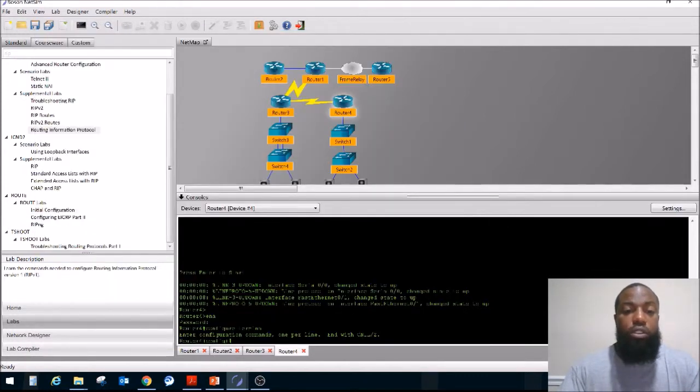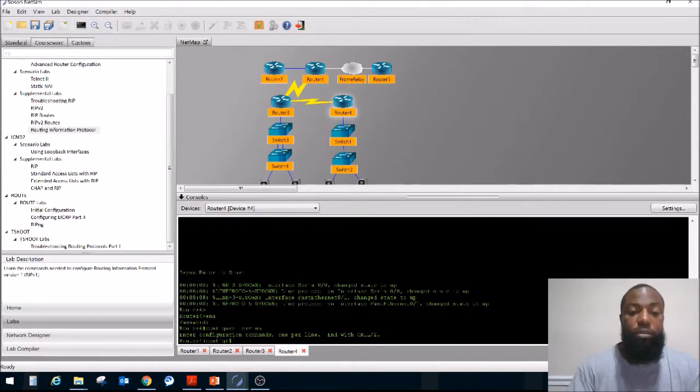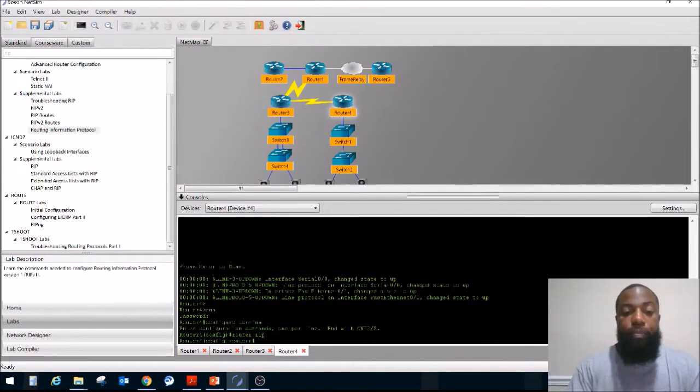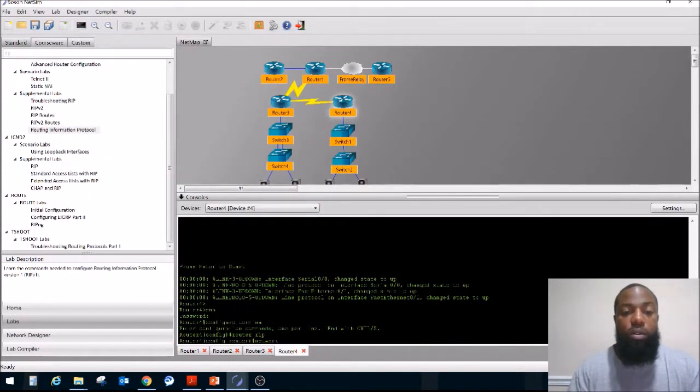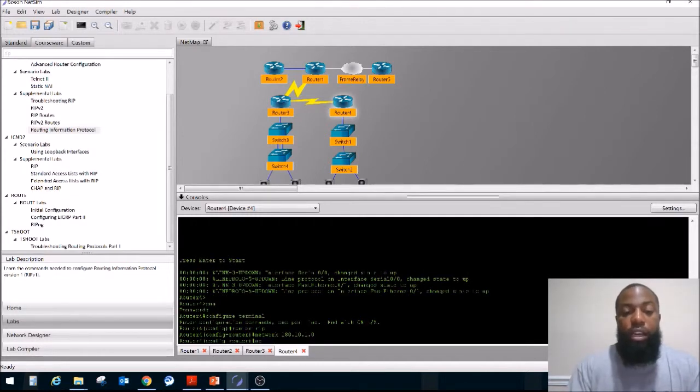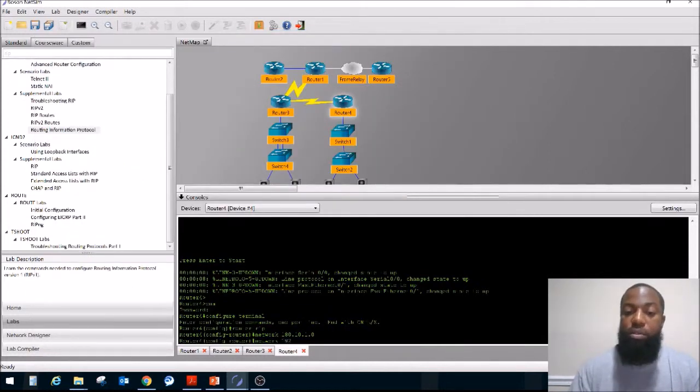So we're going to go to serial 0/0 interface. I'm sorry, router RIP network, and we're going to do network 180.10.1.0, and then the other network, which is this one right here, 192.168.1.0 network, right?